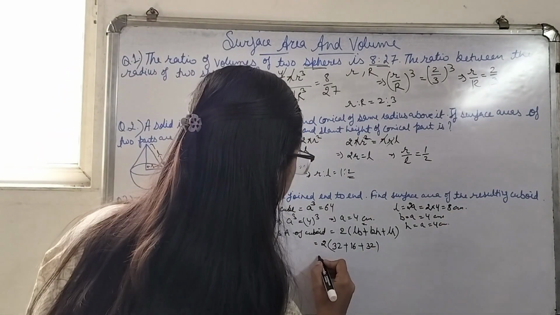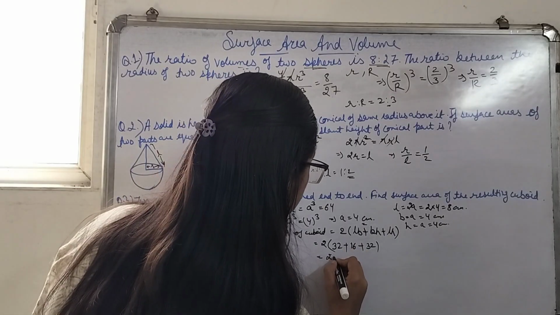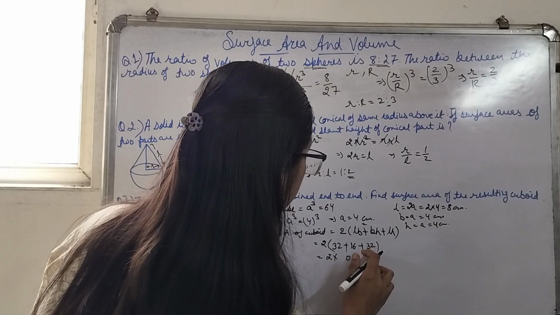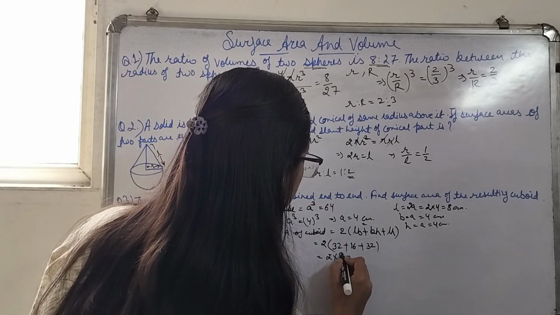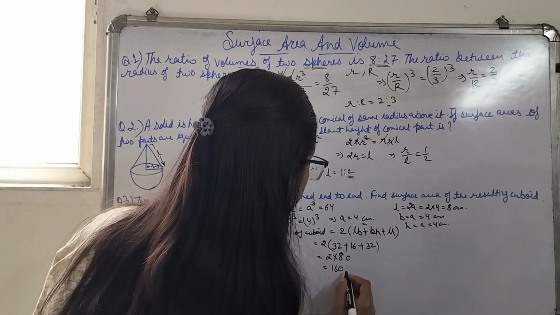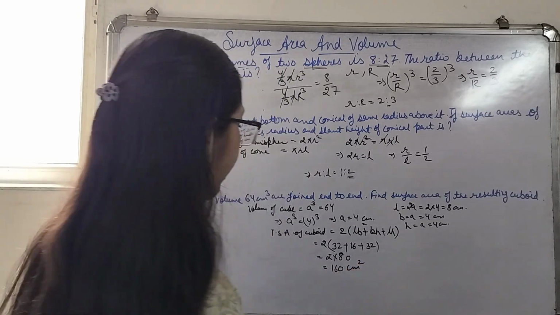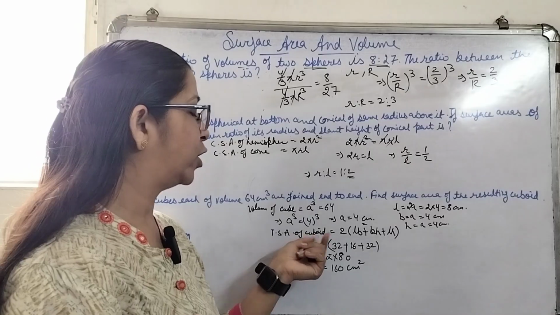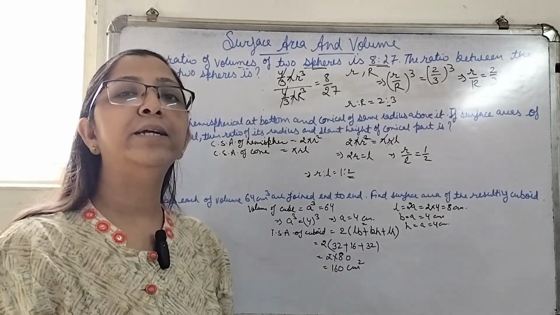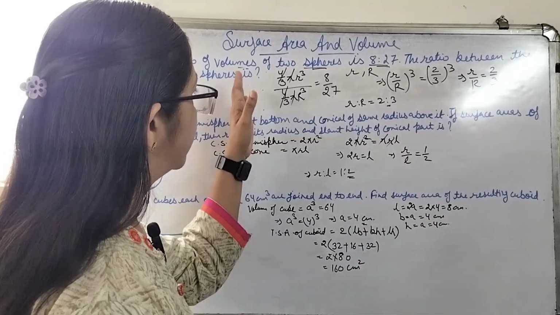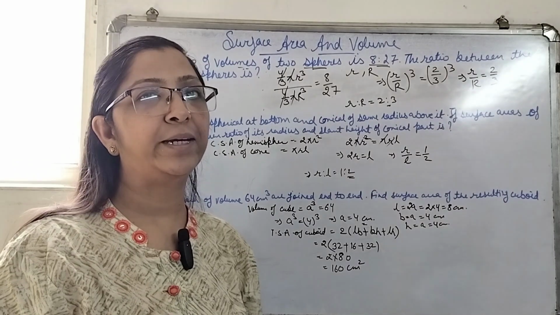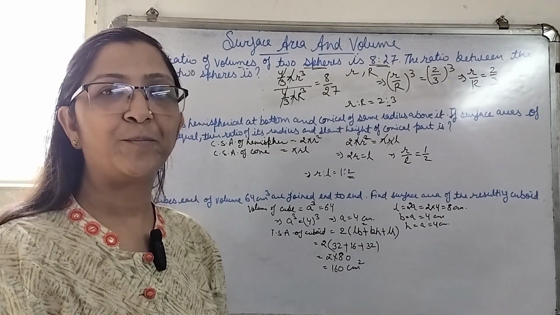So if we will be solving it further, it will be 80 times 2, that simply means it will be 160 centimeter square. So the total surface area of the cuboid will be 160 centimeter square. This is how we will be applying the formulas, and we will be getting whatsoever is required.